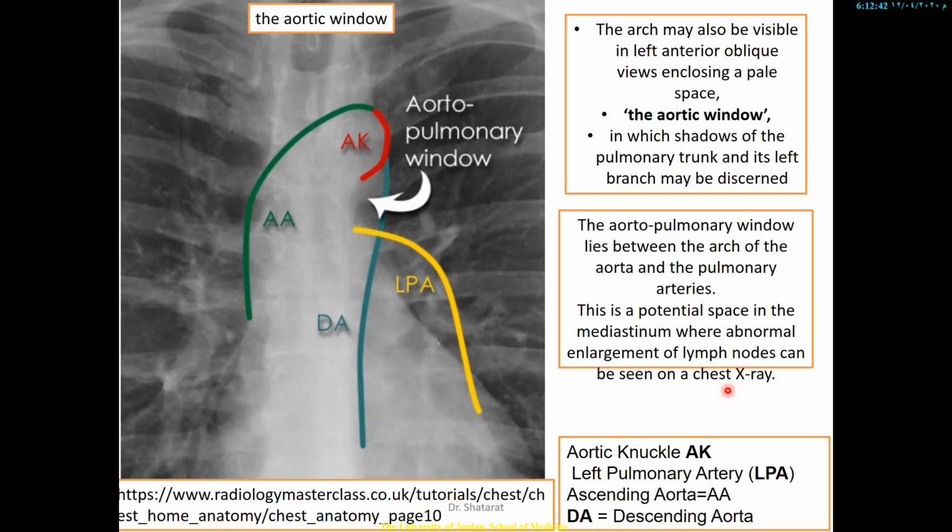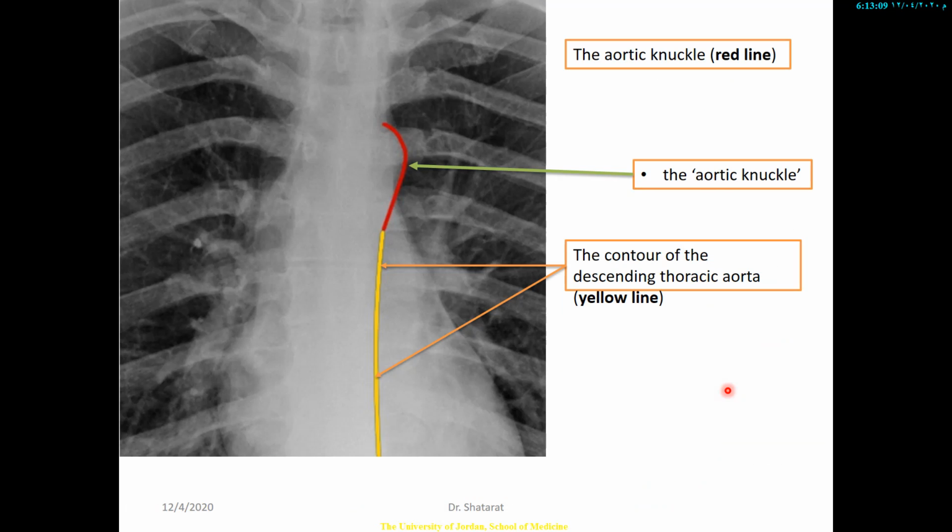You can easily ask for a plain X-ray. You will identify the arch of the aorta, then you would certainly identify the aortic window, and you would find, of course, the pulmonary trunk, and you may see some enlarged lymph nodes in this area. Okay, so this is the way it is.